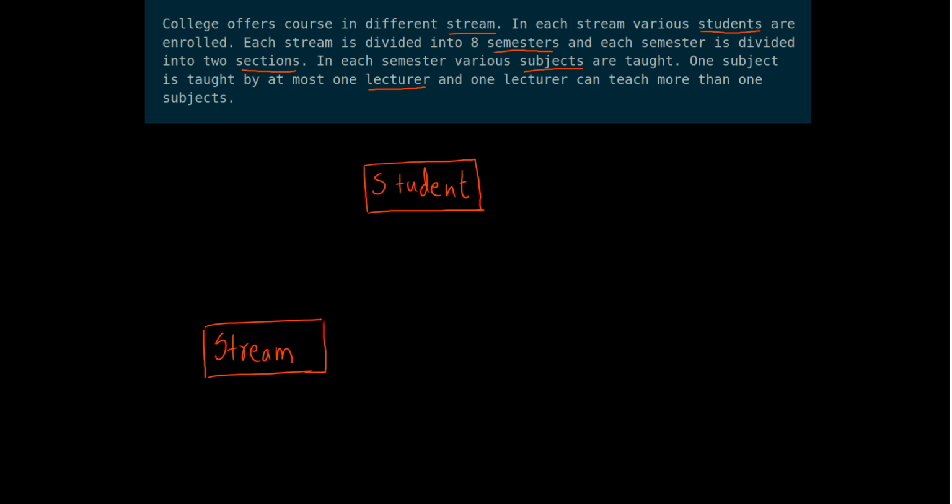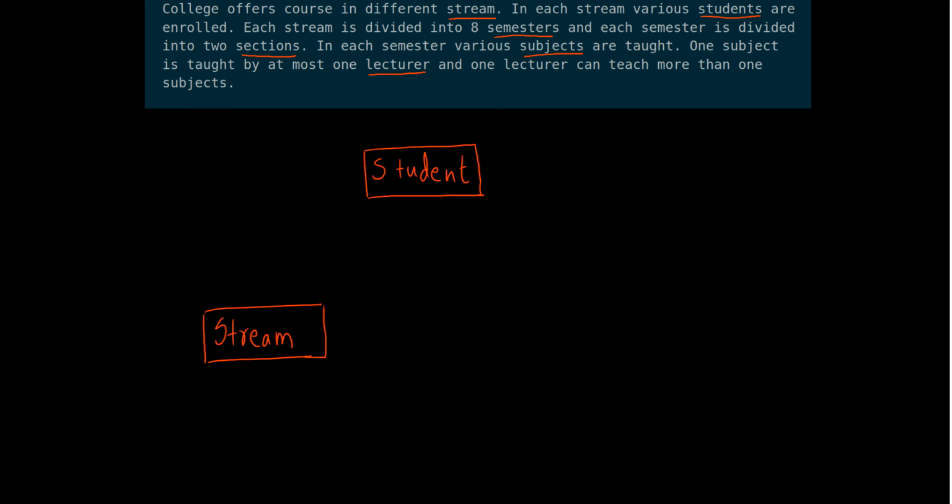Instead of students, I have written here student, and instead of streams I have written here stream. So in ER diagram, a singular noun is preferred. And let me move it slightly.